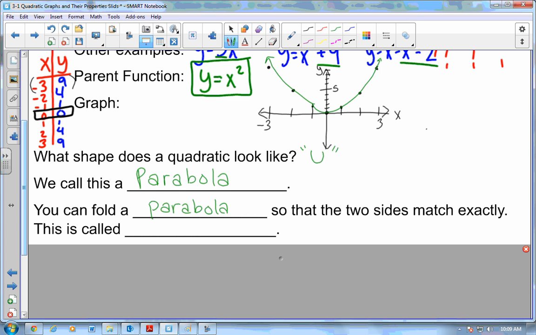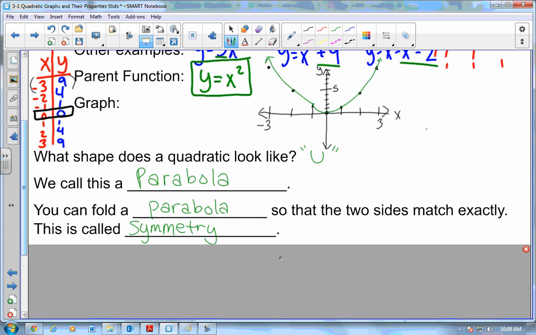Symmetric, and it means the graph has, we don't say the graph has symmetric, that sounds funny. Symmetry. The graph would have symmetry. You can fold it right in half. The graph has symmetry. You fold it right in half, and everything matches up with each other.